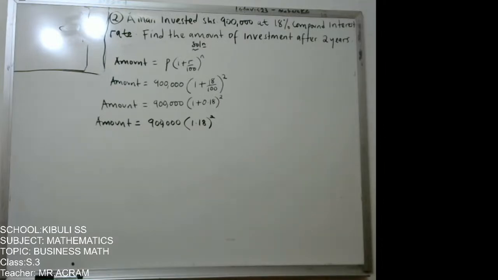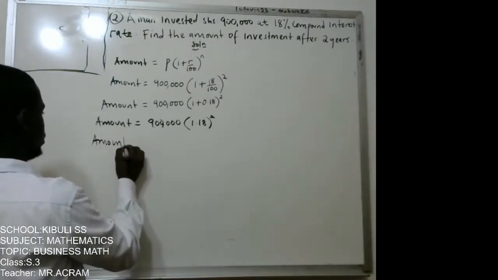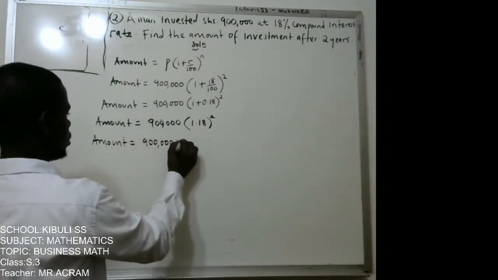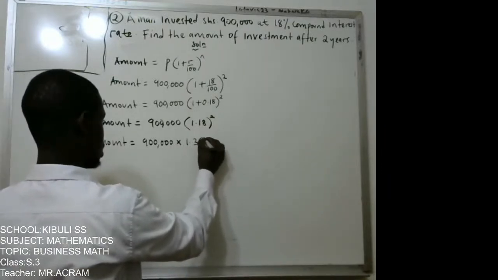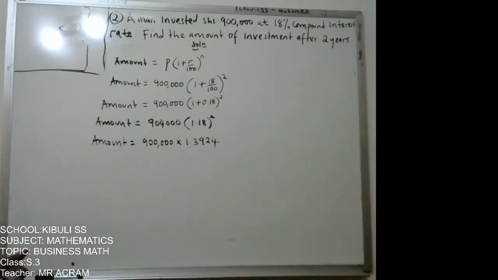So the amount is equal to 900 times, let me give you what I've got here, 924. I don't know whether it's what you've got also. Then times 900.